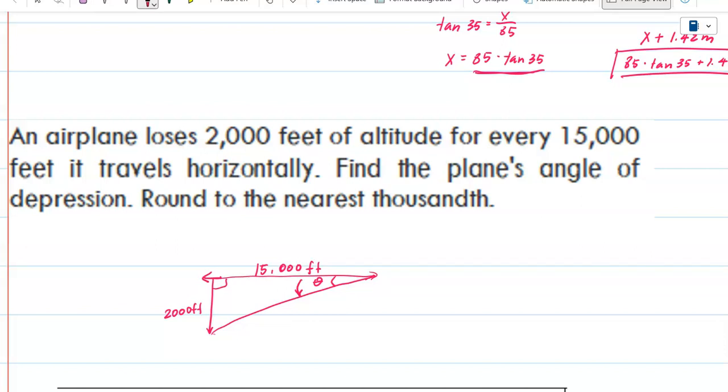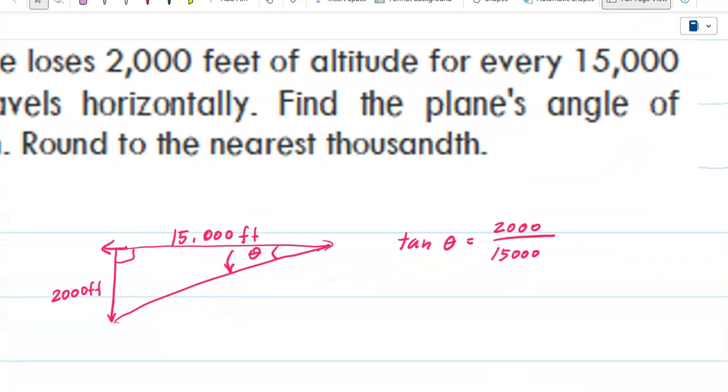So the tangent of this angle equals opposite 2000 over 15,000. Then we can simplify some zeros.